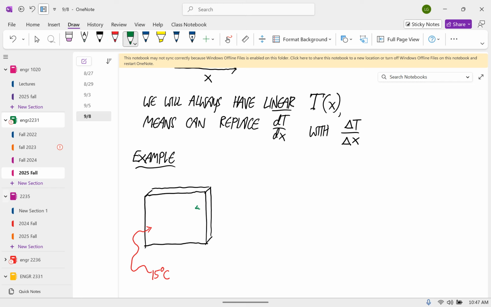On the back side, the temperature is 20 degrees Celsius. The dimensions are 1 meter by 1 meter. And the thickness is 2 centimeters.